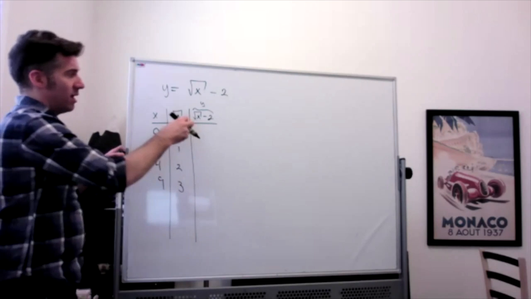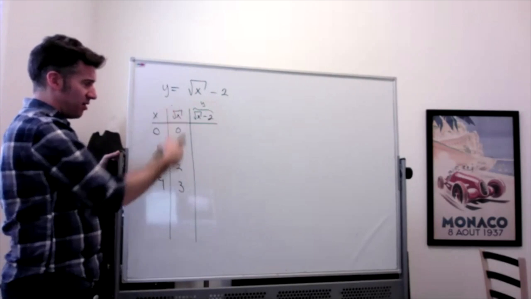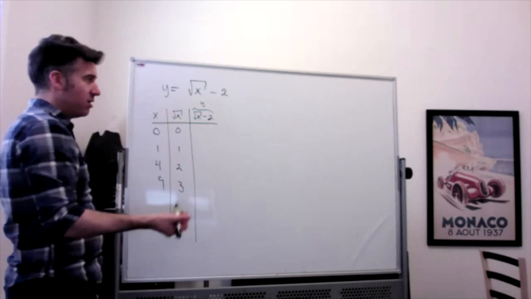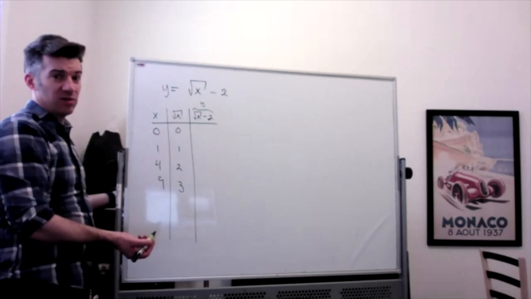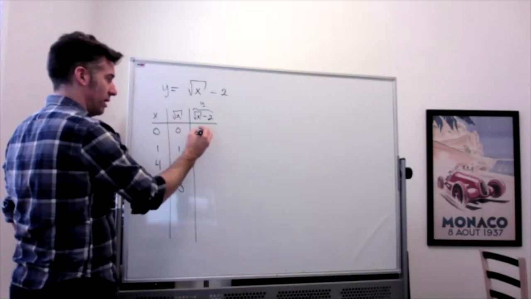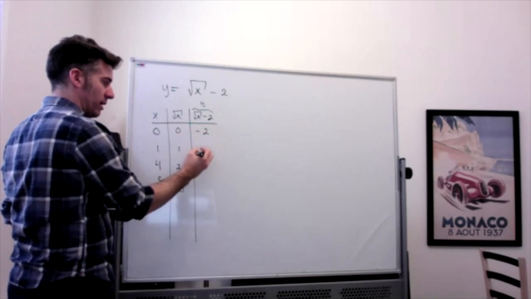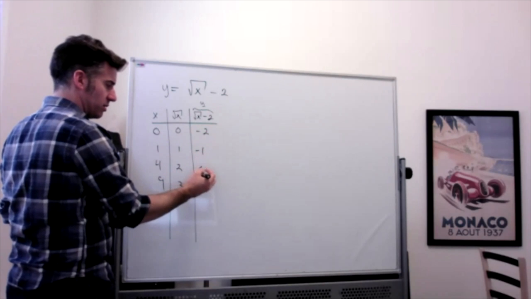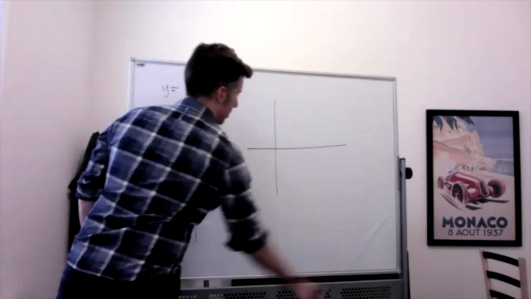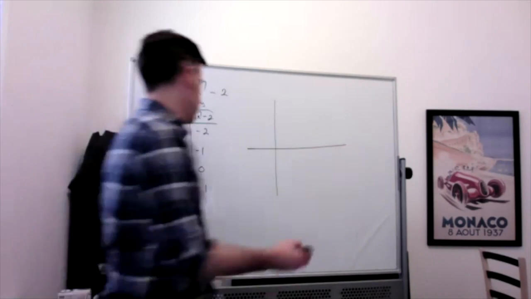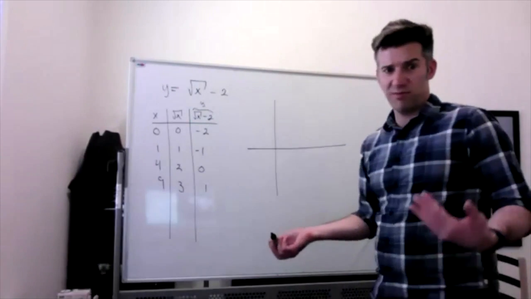And then if I do the square root of x minus 2, I'm just taking all those values and subtracting 2 from them. So my y values are all going to decrease by 2 while the x values remain the same. So 0 minus 2 is negative 2. 1 minus 2 is negative 1. 2 minus 2 is 0. 3 minus 2 is 1. So I'm taking all those original y values and just moving them all down 2.